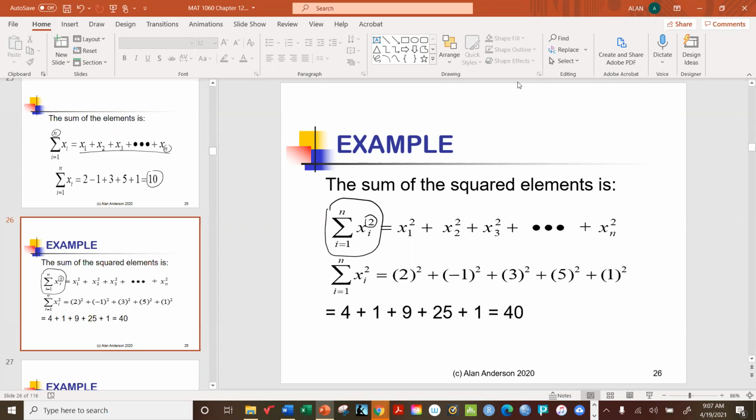Oh, one more thing, I do want to mention this, that sometimes as a shorthand, while you theoretically should write the index on here, sometimes if you're reading, let's say, in a math book, you might see it written like this, where there's no index.